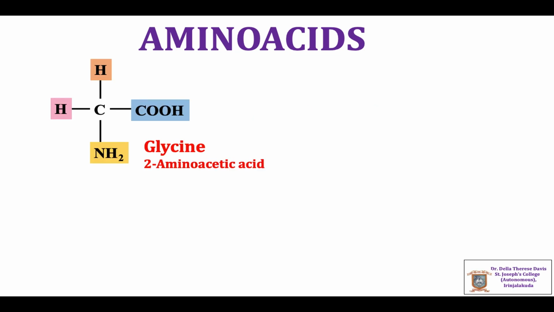The simplest amino acid is glycine. It is otherwise called 2-amino acetic acid. In glycine, the R group is the simplest, a hydrogen atom. So, 2 valencies of carbon are satisfied by hydrogens, one by the carboxylic acid group and the other by the amino group.